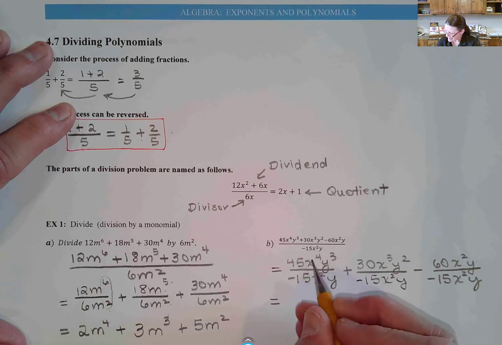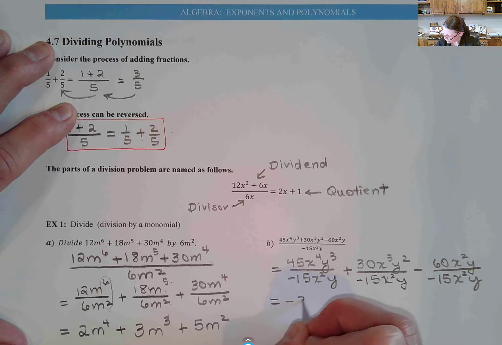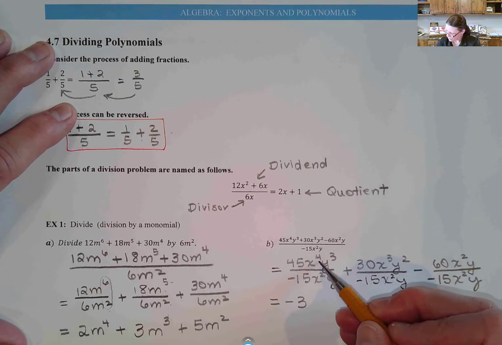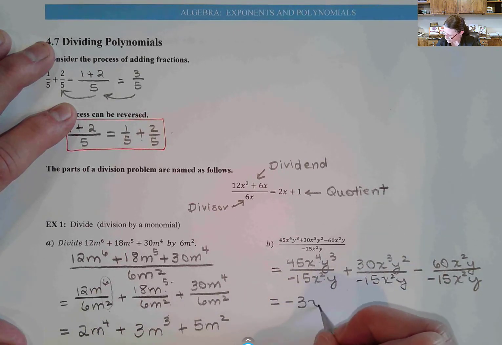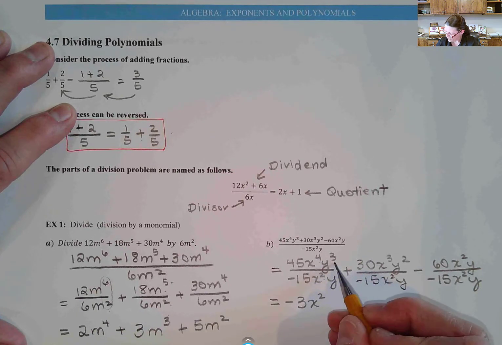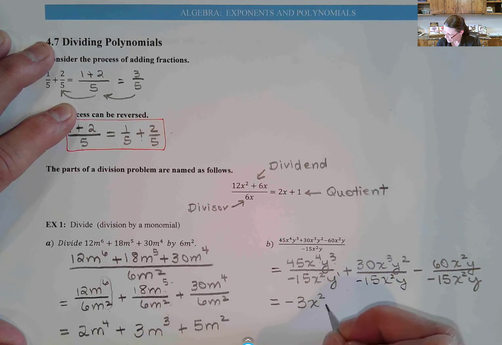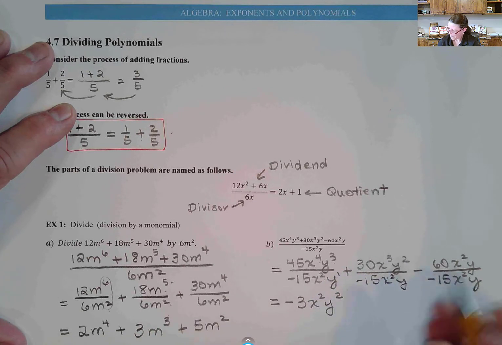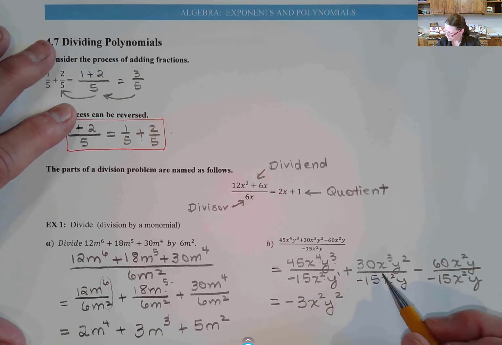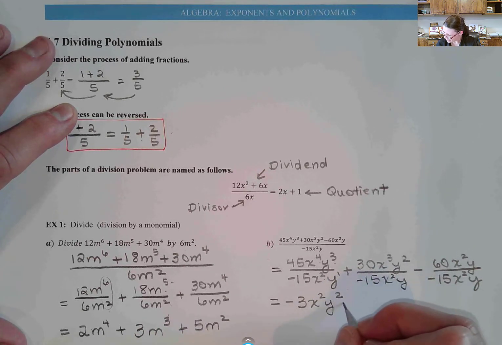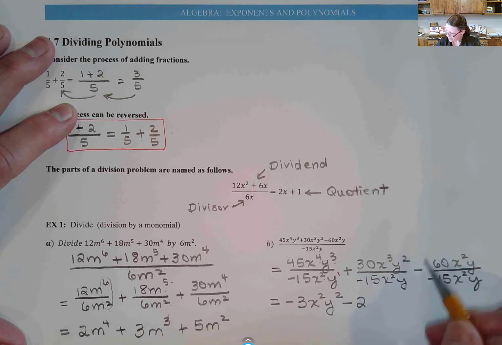45 divided by negative 15 is negative 3. X to the 4th divided by x squared is x squared. And y to the 3rd divided by y is y squared. Looking at our next term, 30 divided by negative 15 is negative 2. X to the 3rd divided by x squared is x to the 1st, or x.